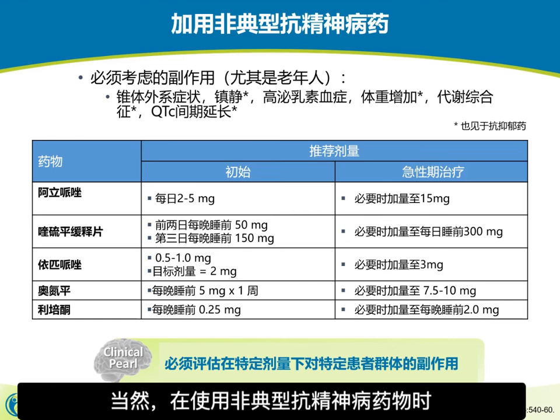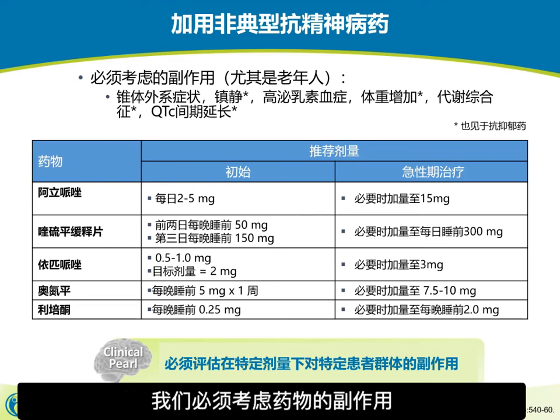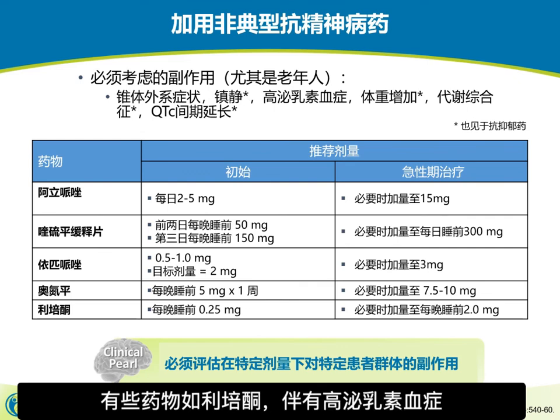Of course, when we're using atypical antipsychotics, we have to consider the side effect burden of these medications. We have to remember to look for extrapyramidal side effects like akathisia. Some of these agents have sedative side effects like quetiapine. Some, like risperidone, have hyperprolactinemia.